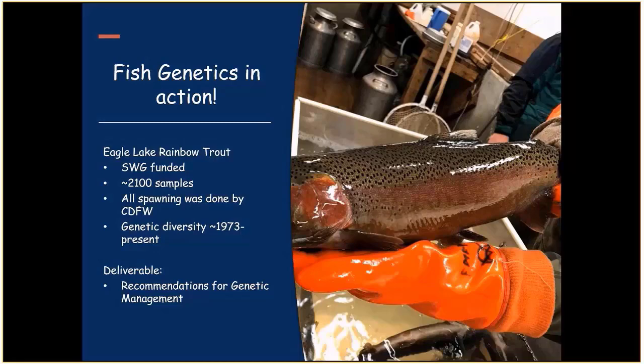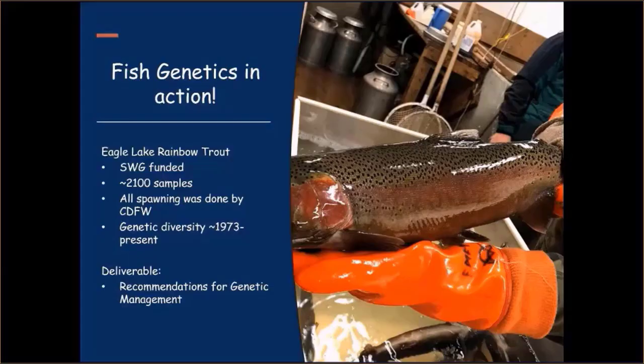Again, on the east side of the Sierras, probably a remnant of the old Lake Lahontan at one time. So there's a SWIG-funded study. The Eagle Lake rainbow trout has been previously petitioned for listing. Listing was found to be not warranted because we run a hatchery operation. All the spawning, all the reproduction that's done in Eagle Lake is done basically by us, by the department.